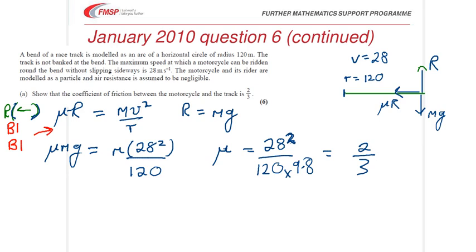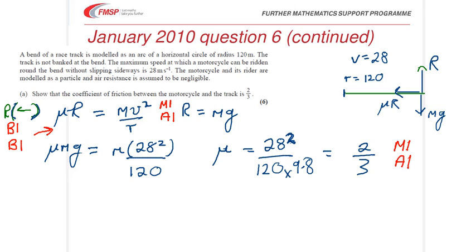Then there was an M1 A1 for the mu R equals mv squared over r statement. And an M1 A1 for working it out, putting the numbers in and getting the correct value of mu. And that's the 6 marks for part A.